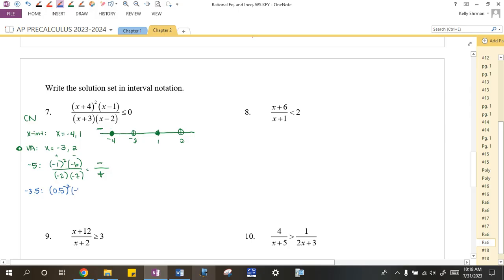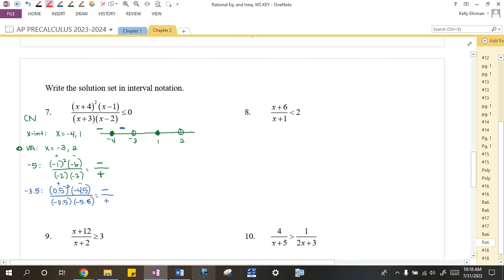Negative 3.5 minus 1, negative 3.5 plus 3, negative 3.5 minus 2. Positive times a negative is negative. Negative times a negative is positive. So again, we're getting a negative overall. Okay, so these signs do not always alternate. We had in our notes examples that might have all been like minus, plus, but having this multiplicity in here kind of messes things up.